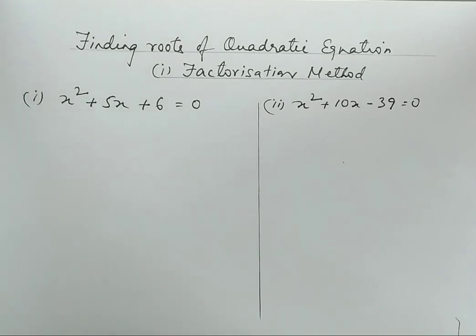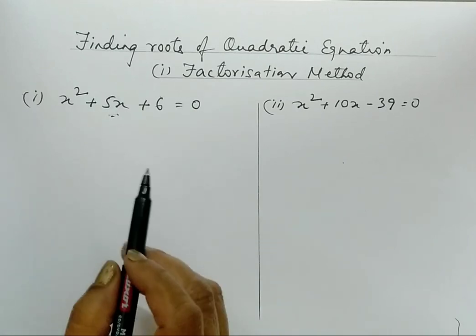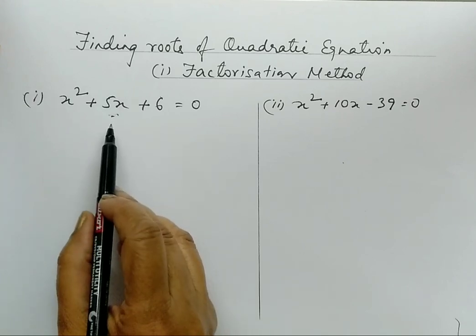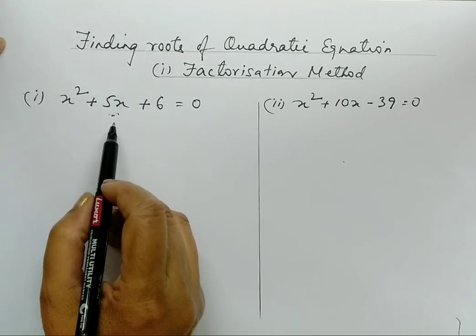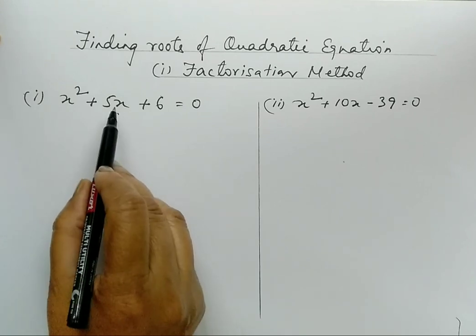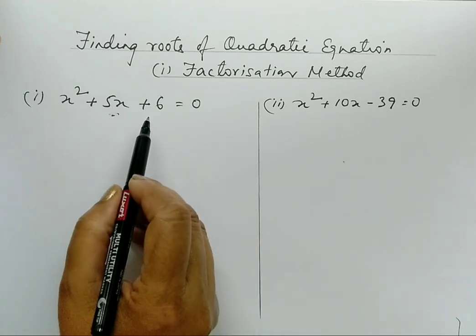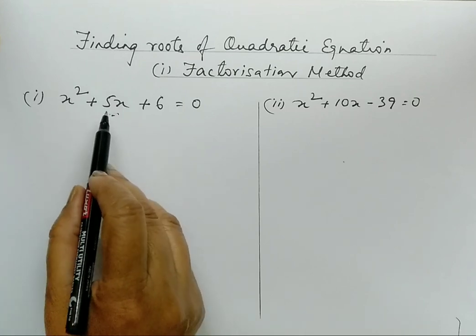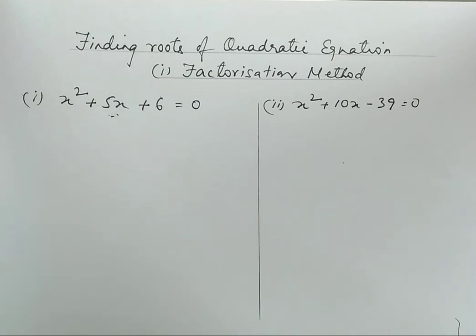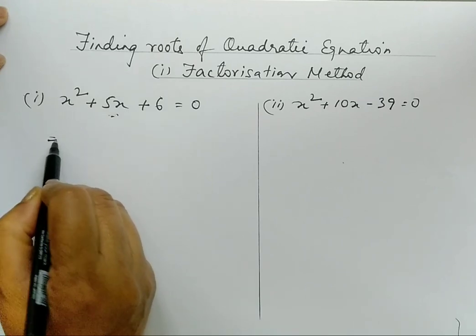Through the split method or middle term break, this is supposed to be the middle term and we are going to break this in a manner so that we get this as the sum or difference of two terms which will add up to become 5x, or the difference of that would be equal to this term which is there in the middle. This will become very clear through this example.